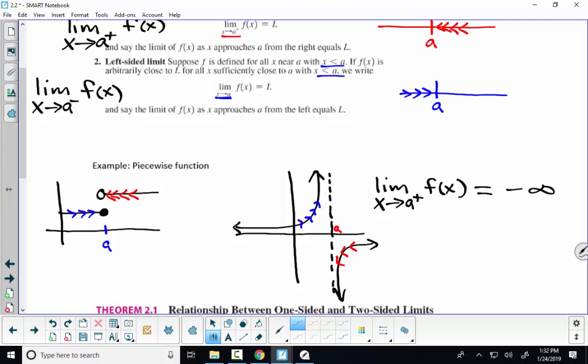So either definition you look at, it's the limit of f of x as x approaches a is equal to L, and L is just representing some real number. Is infinity or negative infinity a real number? No, infinity is just an idea, right? Infinity is just a way for us to say that this thing continues on forever in that direction.